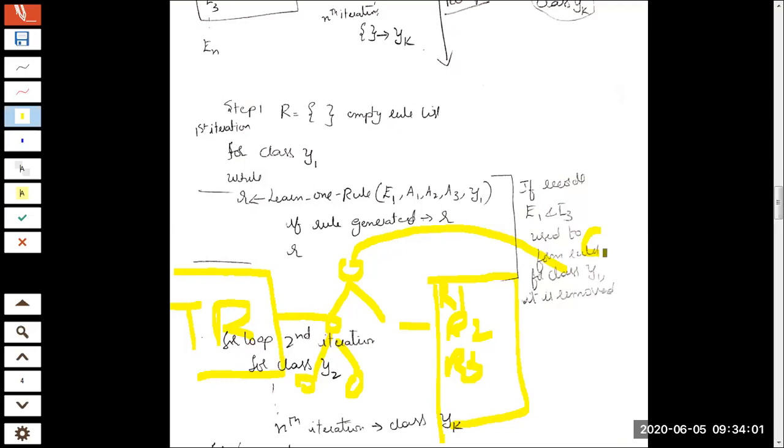So one more thing you need to observe here is that the decision tree is not directly used to decide on class A, class B, class C. Okay. So the indirect method is not using the decision tree directly. Instead, it is constructing rules from the decision tree and deciding to which class that record instance belongs.